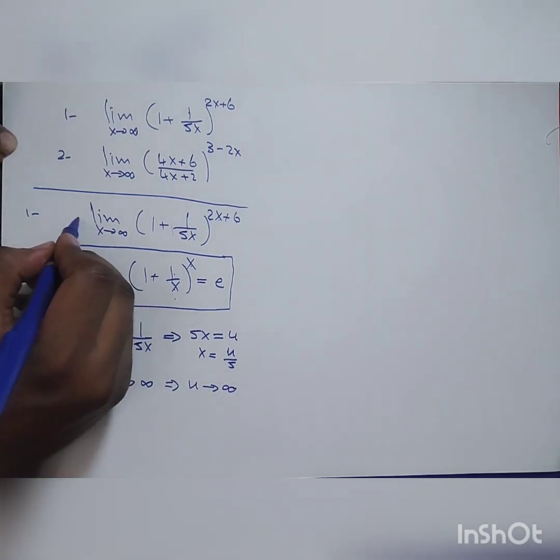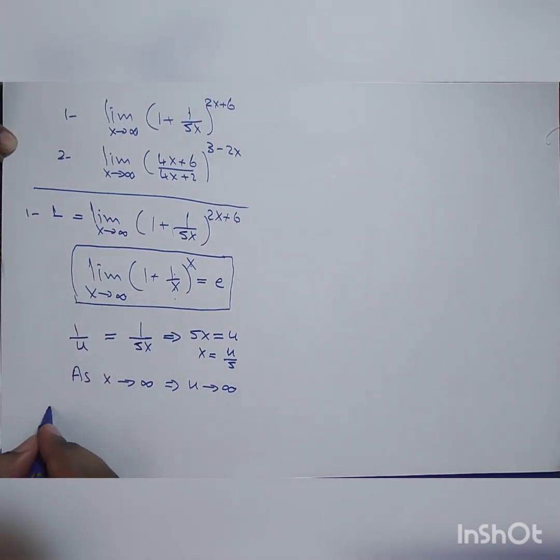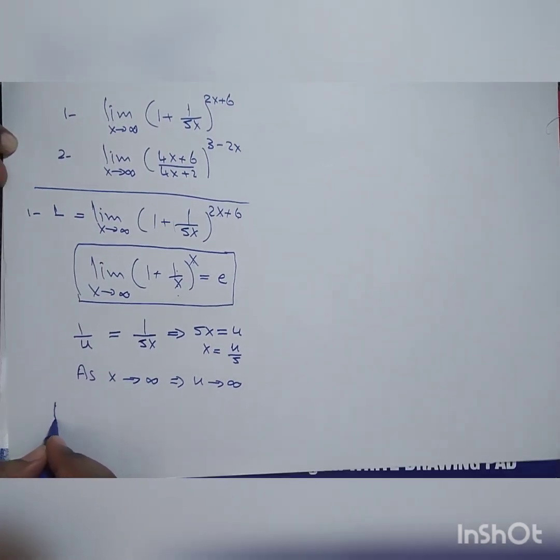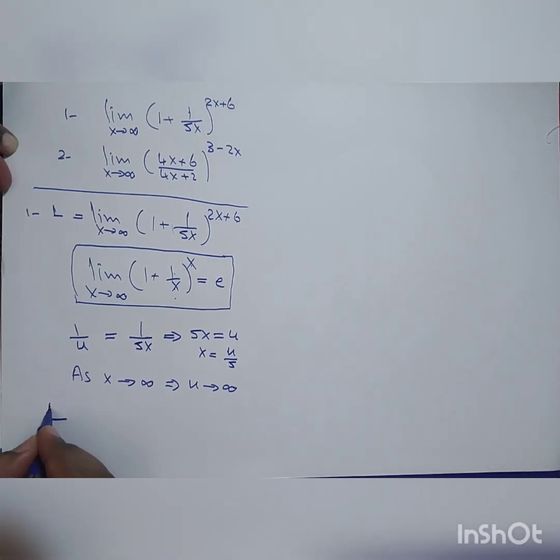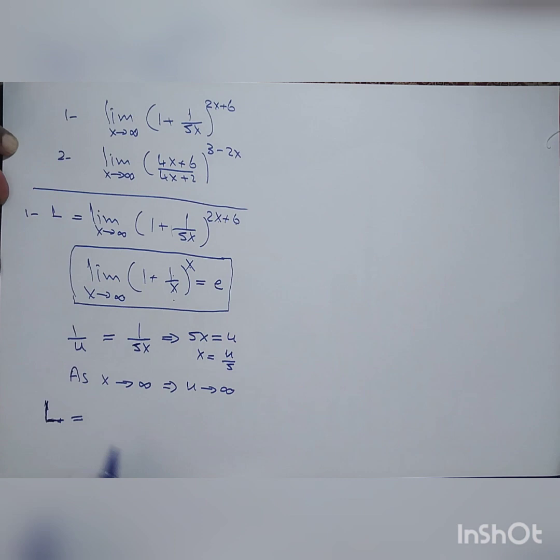Let us call this limit L, just to avoid rewriting things again. So if the limit is L, then that will be equal to the following.